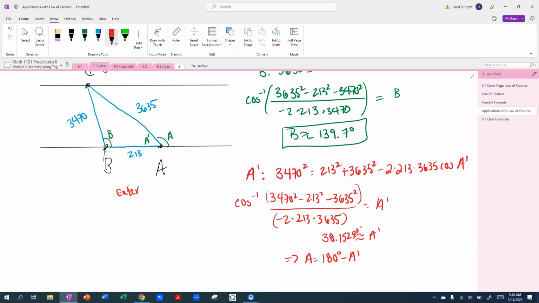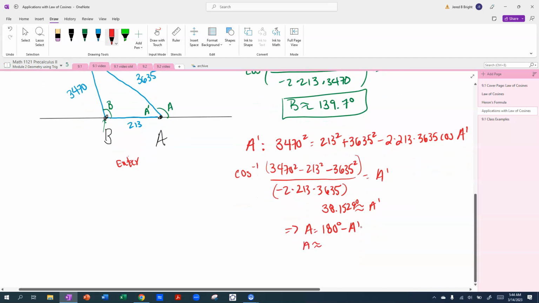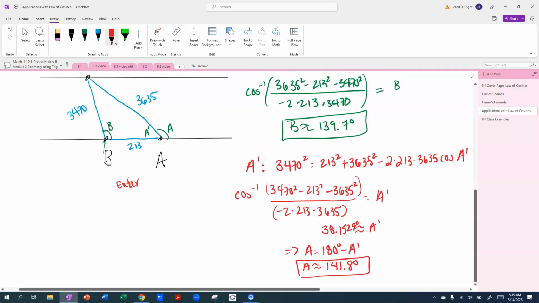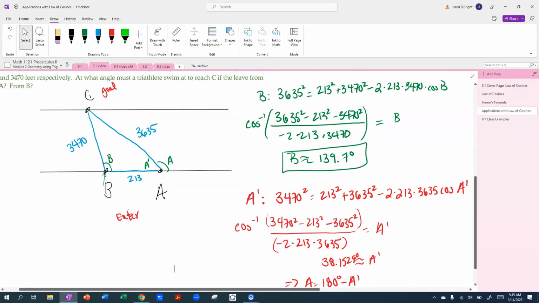If I do 180 minus this, I get that A is approximately, rounded to one decimal place, 141.8 degrees. It makes sense that if you are going further from B, and B was already a pretty large angle, you have to turn even more to get to C if you go a bit further from where you wanted to go into the water at B.